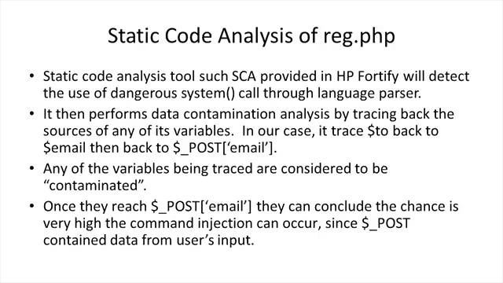It traced first from the system mail command to $to, because there's a variable $to in the mail command. And then from $to, it traced back to $email in lines 81 and 84. And then it traced all the way back to line 10, where the email received the value from the $_POST global array with a key email.